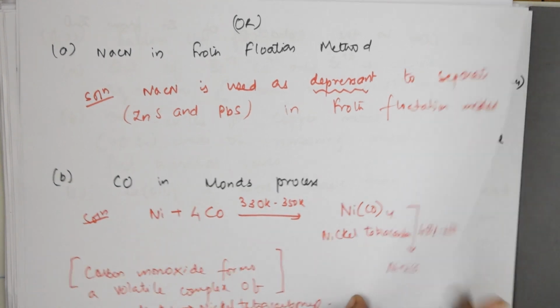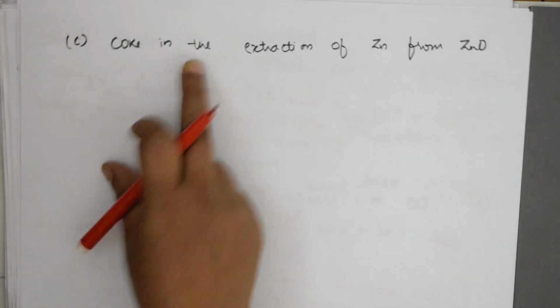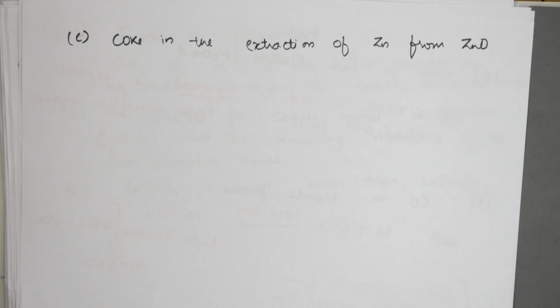Right. Let's see the next question, the C part of the 22nd question: coke in the extraction of zinc from zinc oxide. Whenever I have to speak about any extraction process, we follow concentration techniques where we do roasting, calcination. After that, we take up the extraction process.